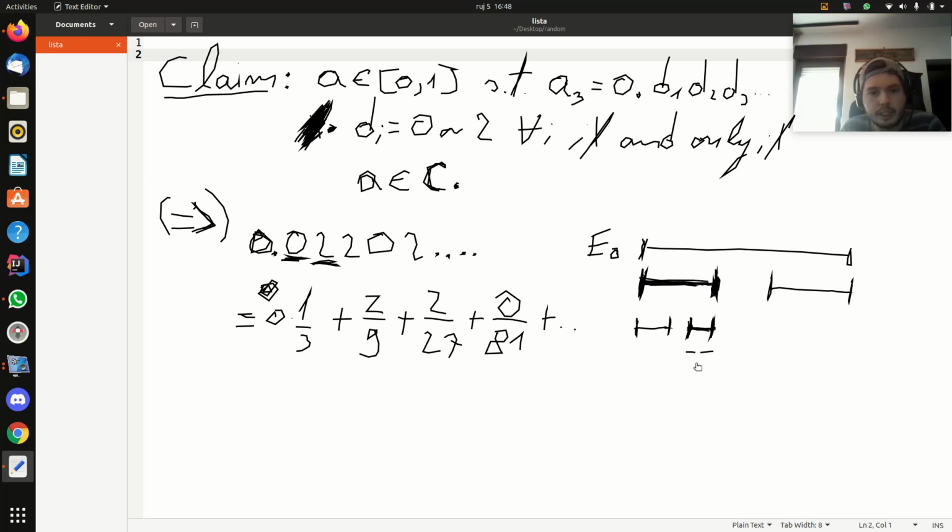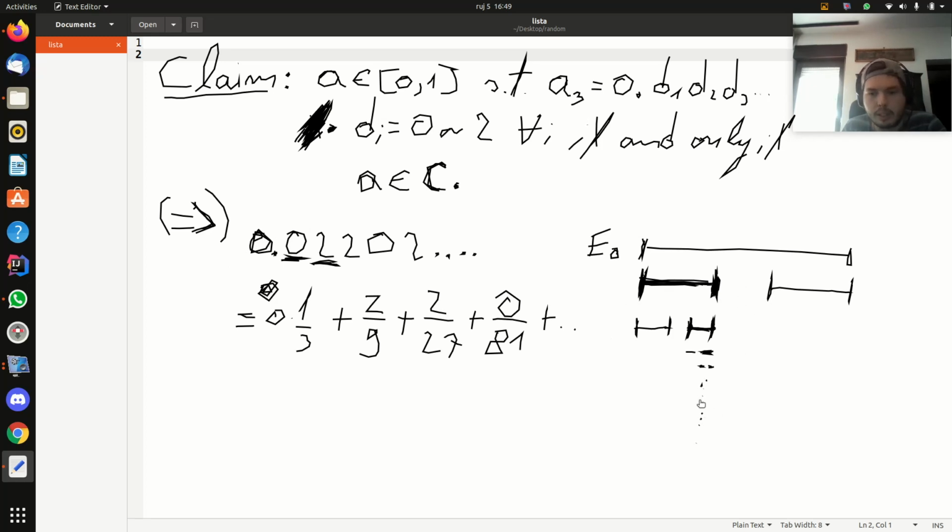And then again 2, this means by the same logic that our number is an element of this interval. And then we pick a 0, our number is an element of this one. And so on, as we pick the next digit, we're basically deciding whether our number is an element of the left third or the right third.